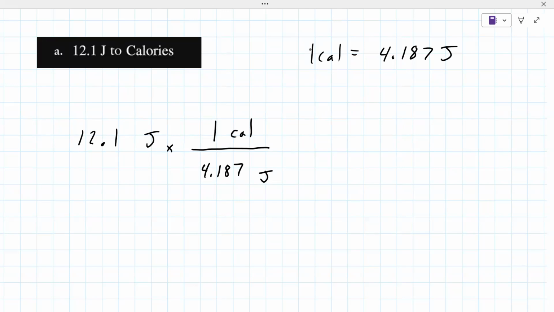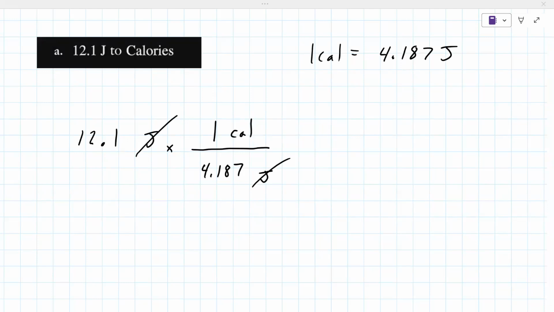Okay, I found them. You can see that the joules cancel the joules, and so you're left with calories. So you're going to take this 12.1 and divide it by 4.187.